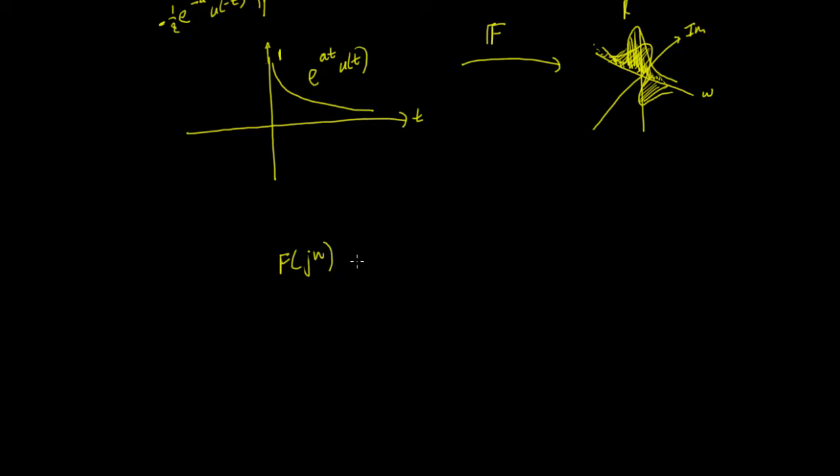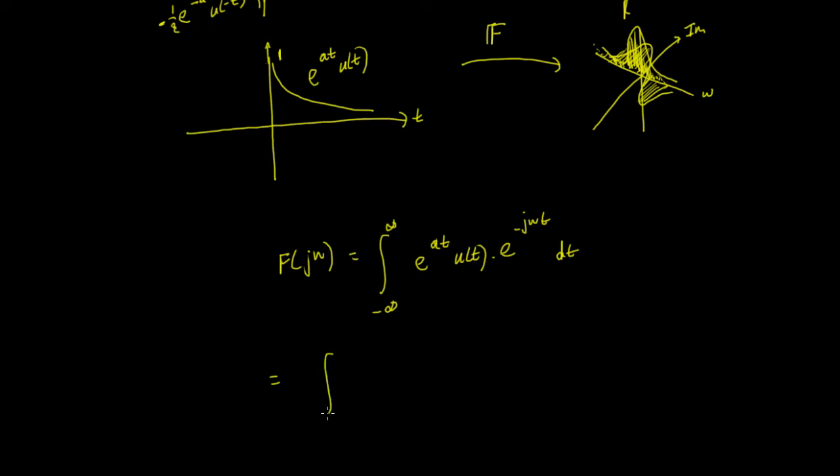So what we're looking for is F of j omega, which is going to equal the integral from minus infinity of our function. The function is e to the at times u of t, and the Fourier transform will give us e to the minus j omega t dt. Now u of t is only defined for t greater than or equal to 0, so that will change the limit.